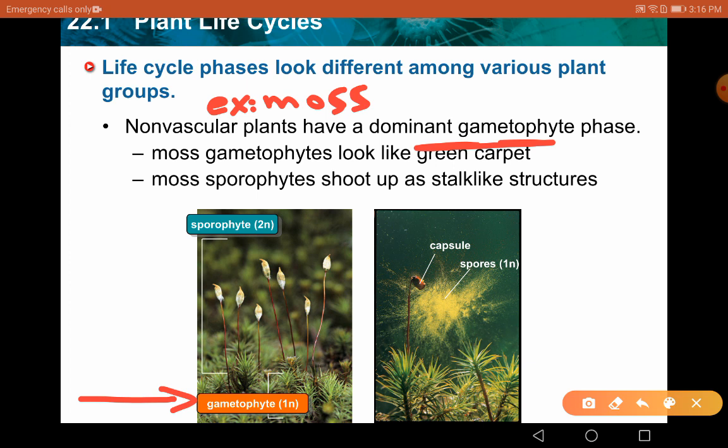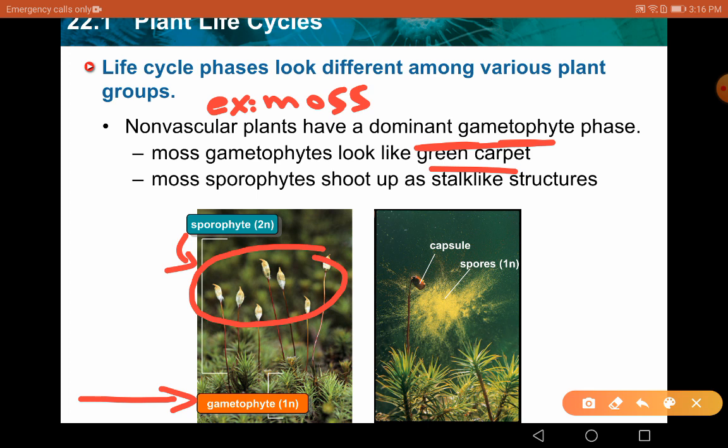Most sporophytes shoot up as stalk-like structures, while if you look below here, you'll find the gametophyte, which is a haploid phase, looks like the green carpet on the ground, while the sporophyte phase looks like the stalk-like structures. If you focus, you will realize that these stalk-like structures are the sporophytes, guys.